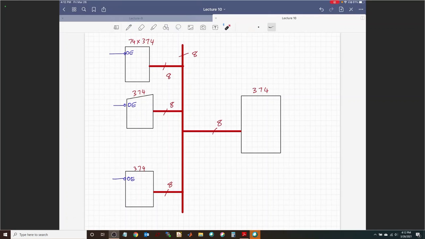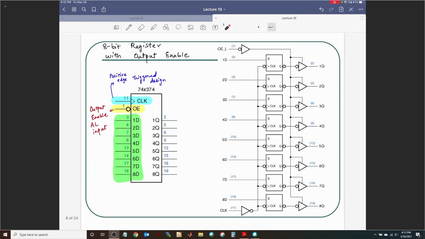So by using the output enables on each of these, and there could be many of them here, you can selectively put the outputs of all the 8-bit registers into high impedance except for one guy to go into the next level. So that's where this can be used. All right, and then now you have the other 8 outputs, but only in true form.